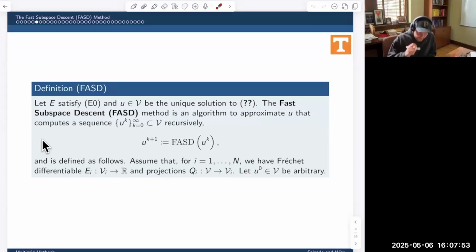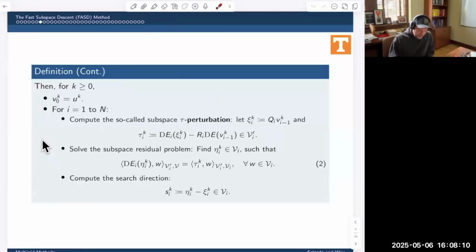So the FASD method is an algorithm. It's an iterative, or recursive, algorithm which produces the next iterate from the last one. And it does so as follows. Recall, we take an initial guess, that might be U superscript 0.